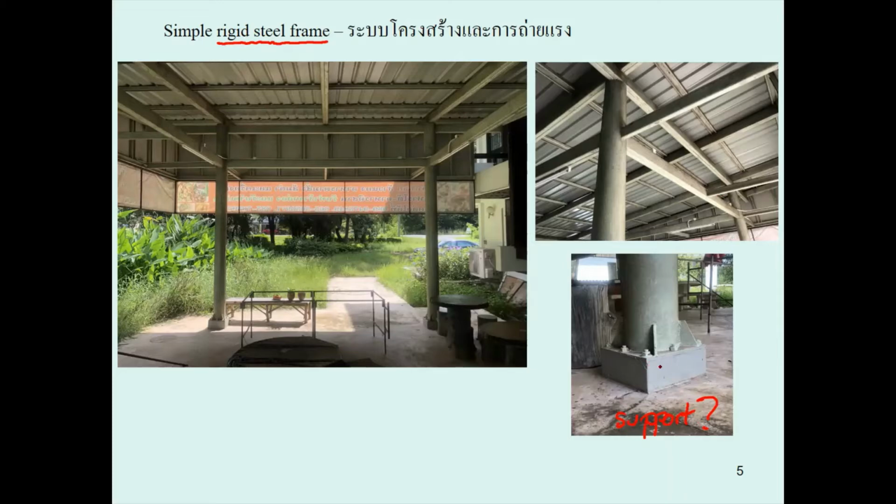As you may see, this support is a kind of fixed support. The end of the column has stiffeners to stiffen the support, and there are bolts attached, with this plate bearing onto the support.